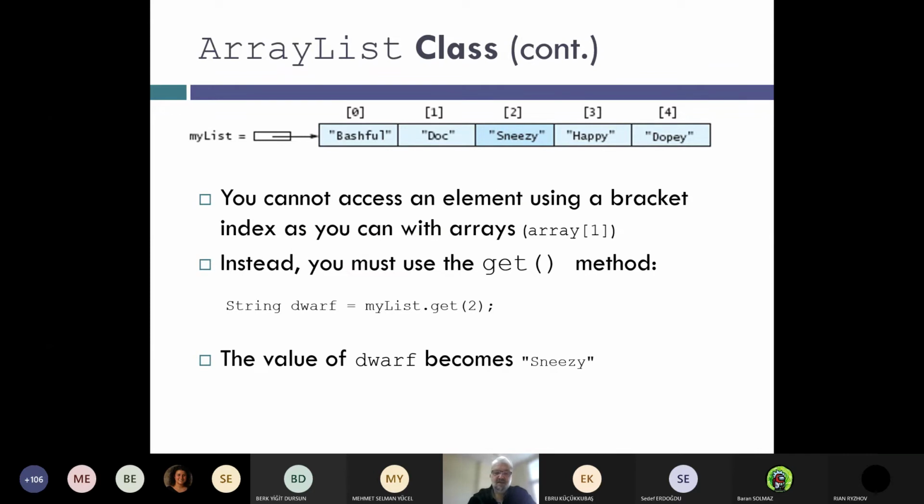We also have the get method. When we get the element at the second index, it will return sneezy, right? So the dwarf variable will be pointing to sneezy.